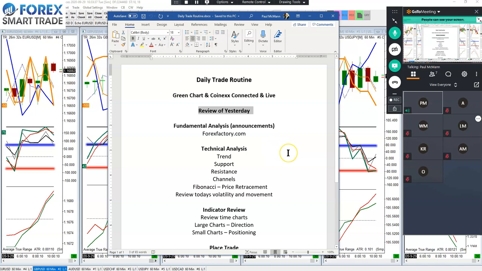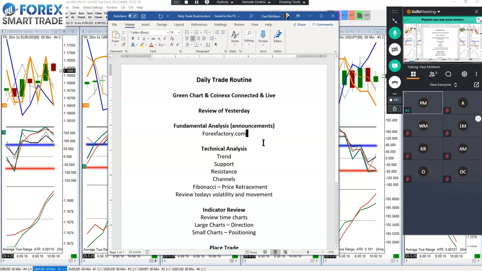As a new trader, it's good to keep a little journal of what you were thinking about when you took the trade, what you saw. I used to take a screenshot of what the screen looked like when I took the trade so that I could go back and review what it was that I saw that made me want to take this trade, on those trades that didn't work out. It's a worthwhile investment to spend a little time reviewing yesterday.